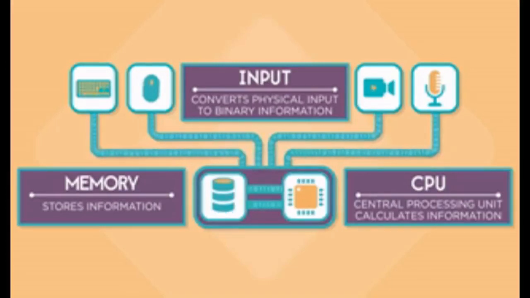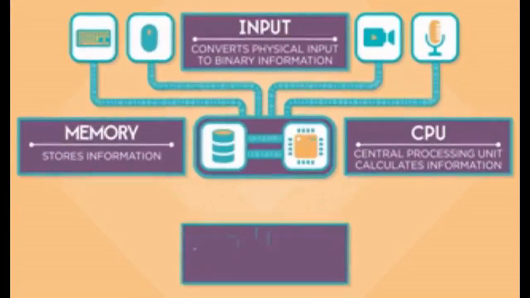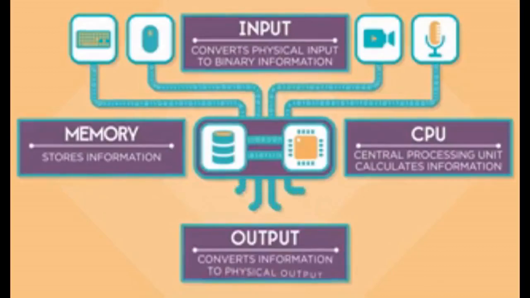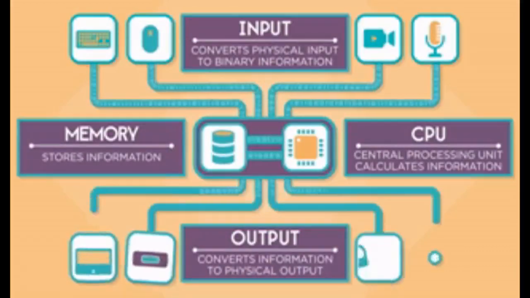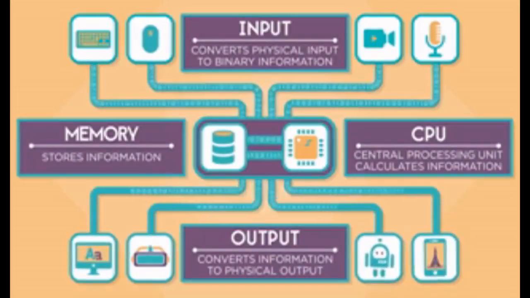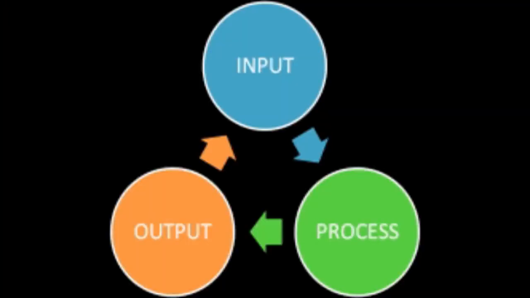And finally, there are output devices. Whenever the information is processed by the CPU, it is then sent to the output devices and the result is displayed or can be printed or can be seen by the user on these devices. These devices can be your monitor, printer or anything like that. This whole process of input, processing and output is called as your IPO cycle.